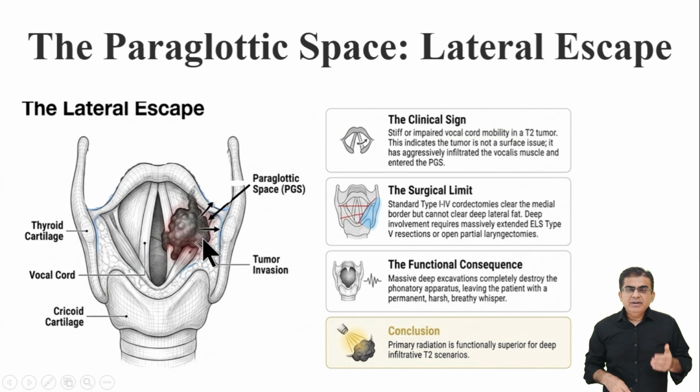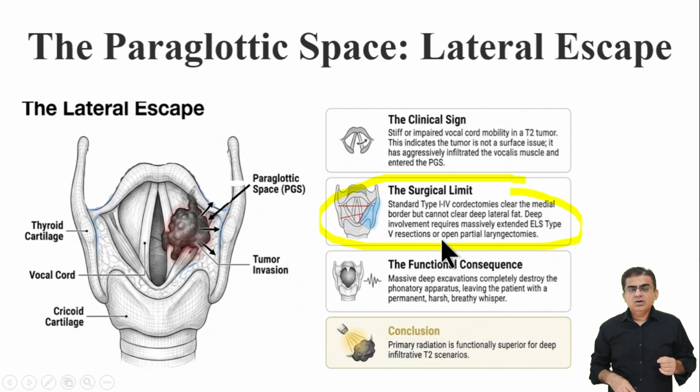Now look at the surgical limit on the right side of your screen. Standard ELS type 1 to 4 cordectomies only clear the medial border of this space. They cannot safely clear the deep lateral fat. To remove cancer from deep inside the paraglottic space, you must perform massively extended type 5 resections or even an open partial laryngectomy.